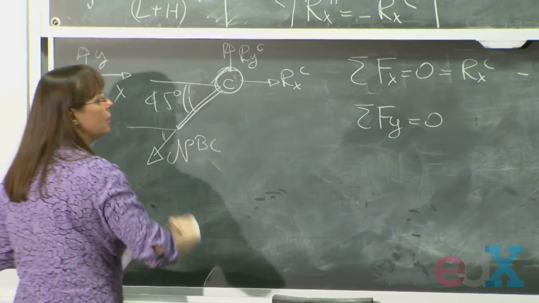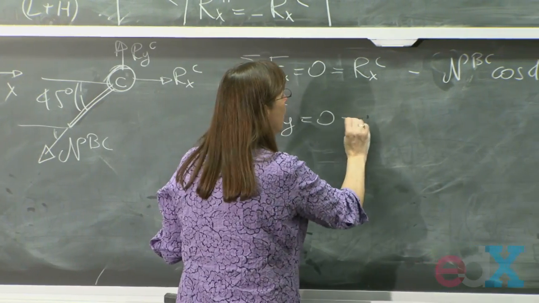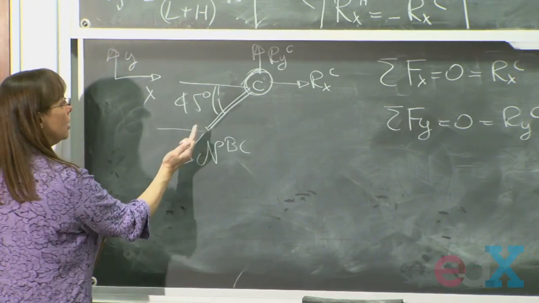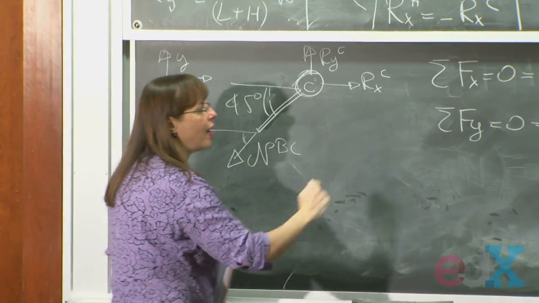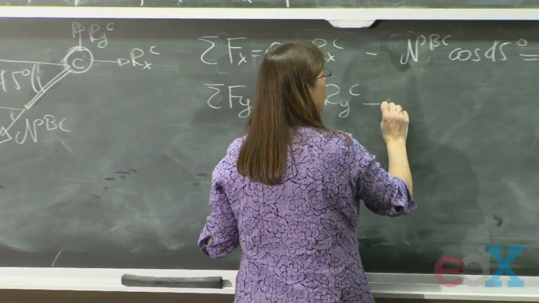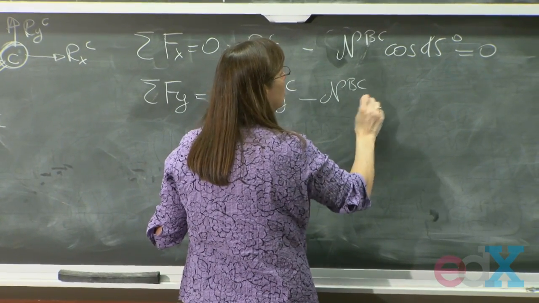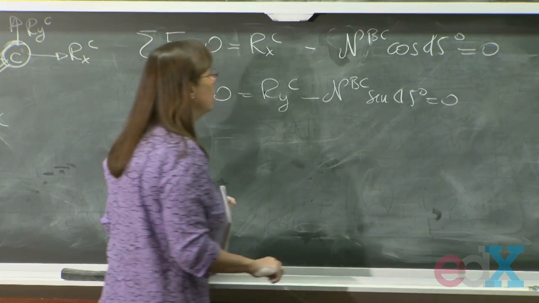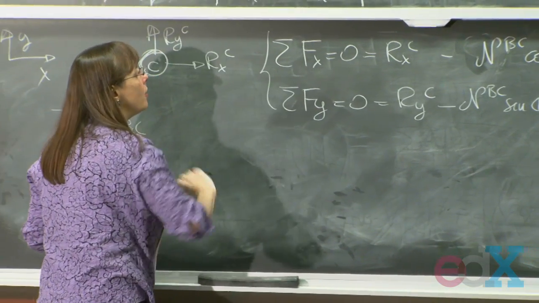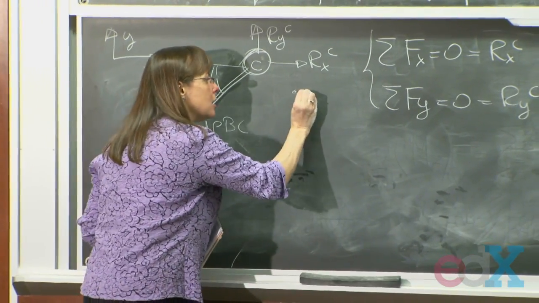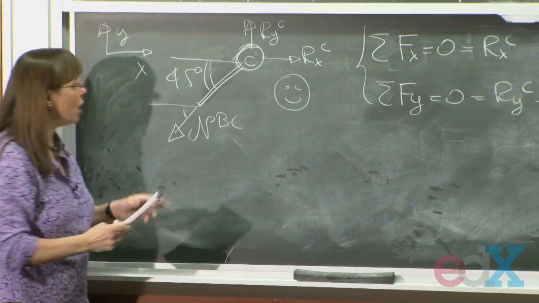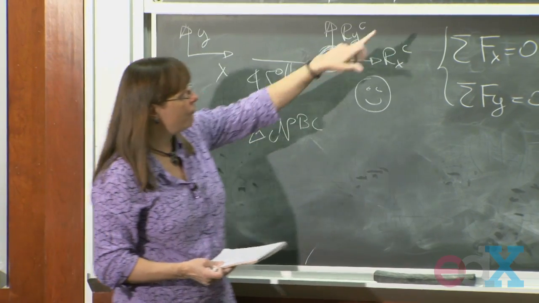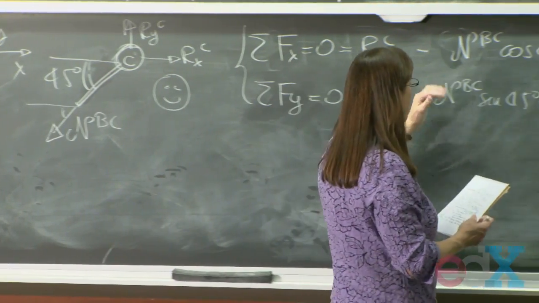That means that RYC, which is positive up, minus NBC sine 45 going down, equal to 0. So I have these two new equations. That's nice, because I had only one extra unknown. So now I can figure out what things are.